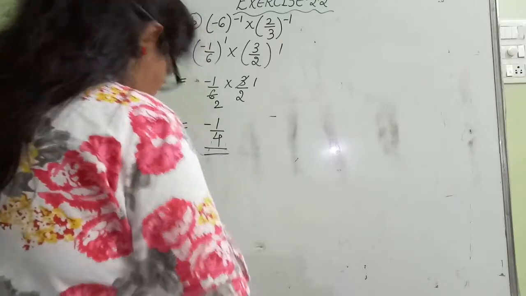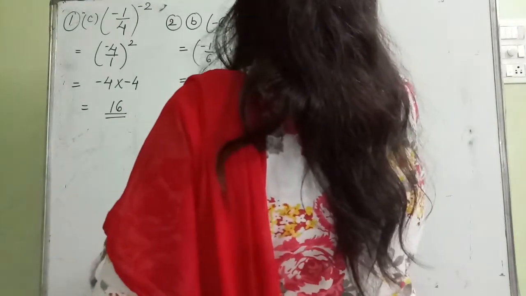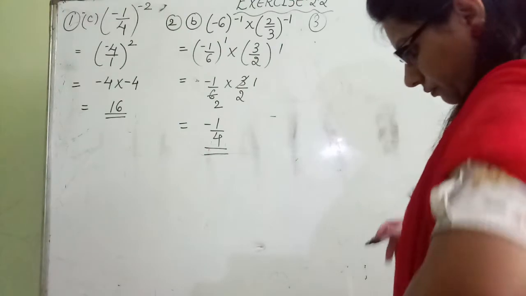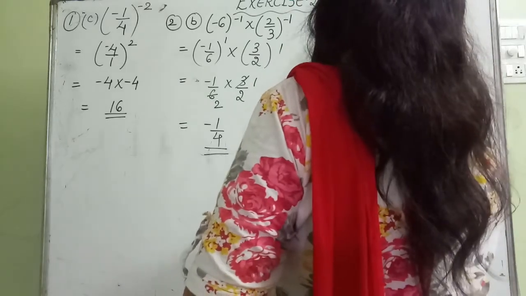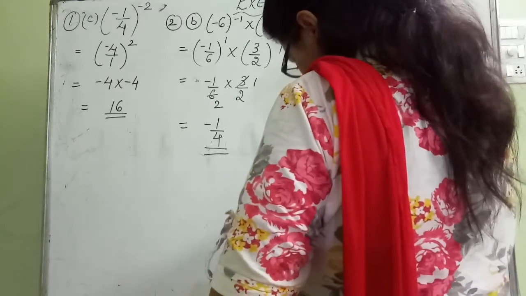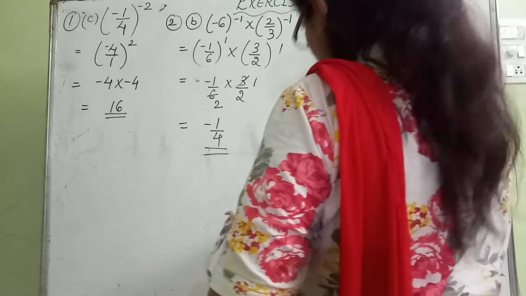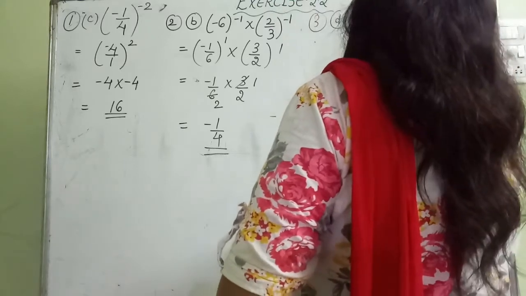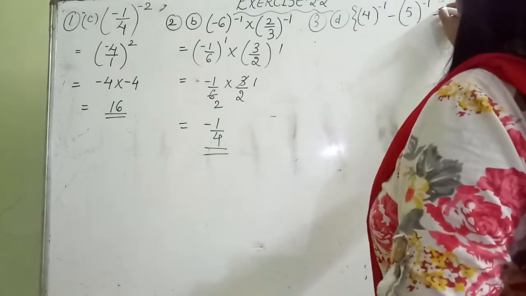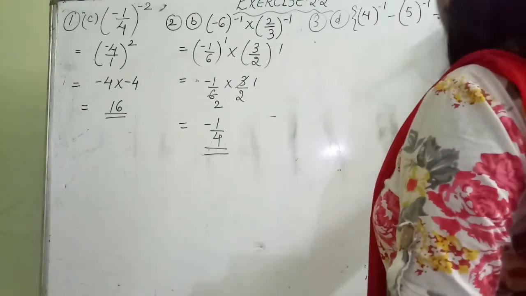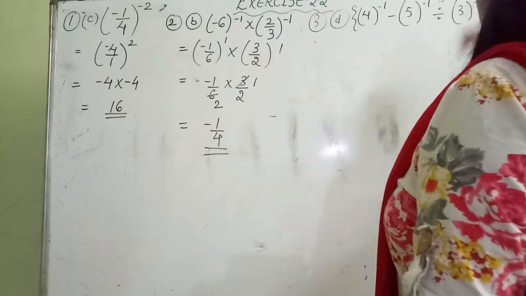Question number 3. 4 raised to the power minus 1 minus 5 raised to the power minus 1, divided by 3 raised to the power minus 1.